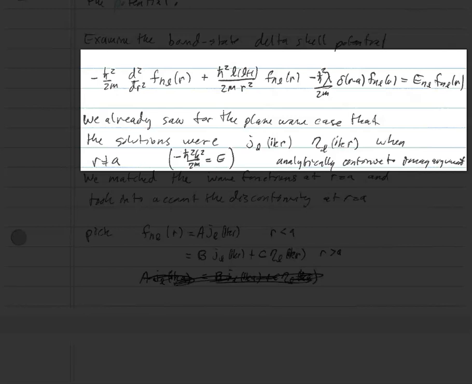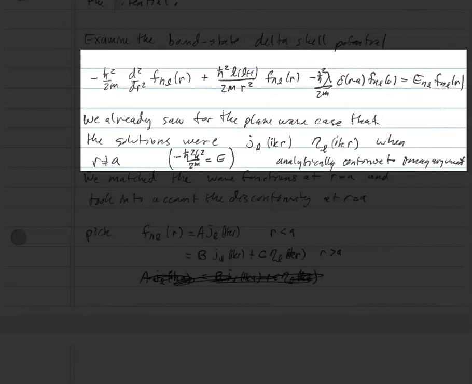So the reason why we have to go to imaginary k is, remember, the energy is minus h bar squared k squared over 2m. And when I'm in a free particle scattering state, the energy is plus h bar squared k squared over 2m. It's greater than 0.